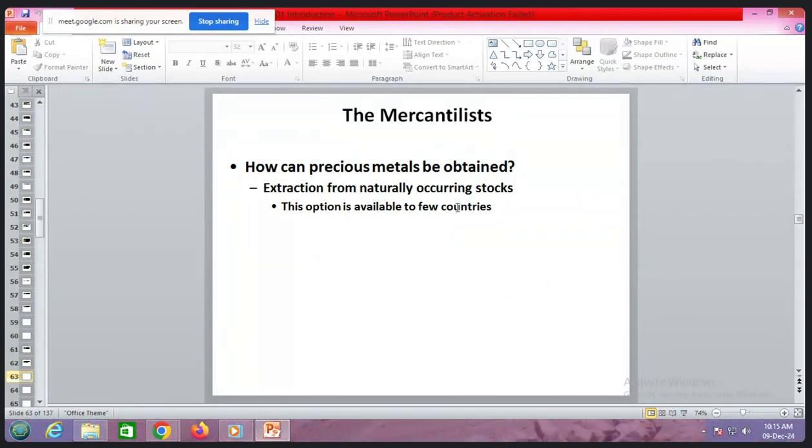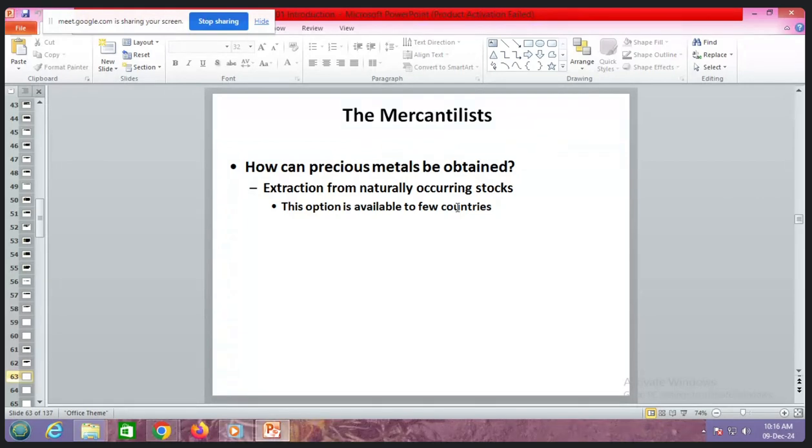So if any country is rich because it possesses precious metal, the second question that follows is, how can precious metals be obtained? The first view says that I am rich if I have precious metal. Suppose I have more and more gold with me, I am considered rich.